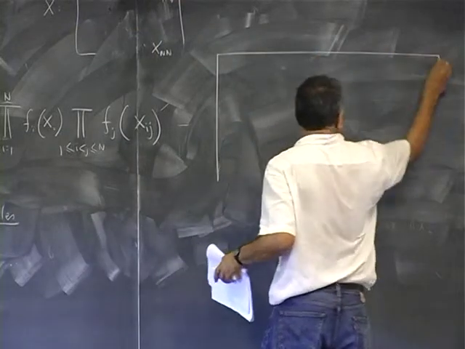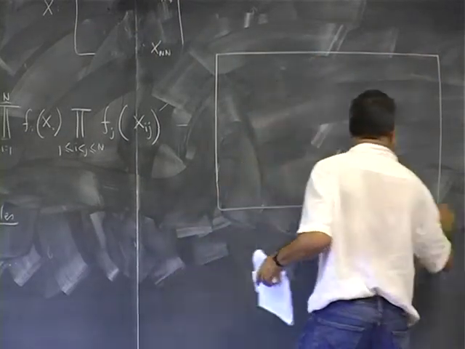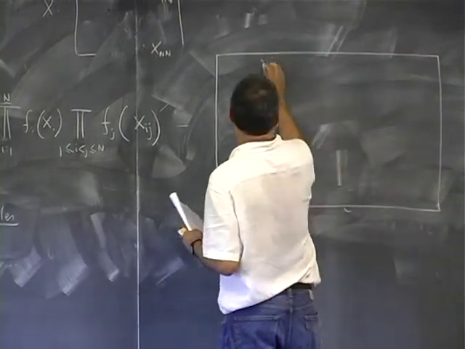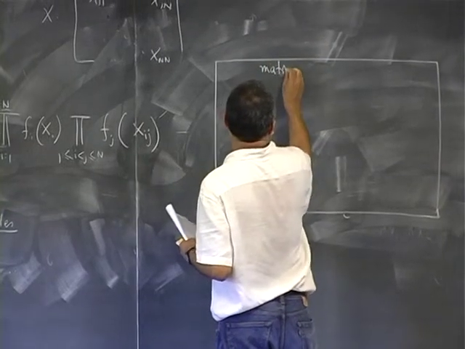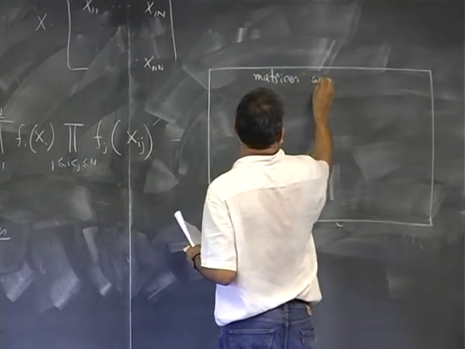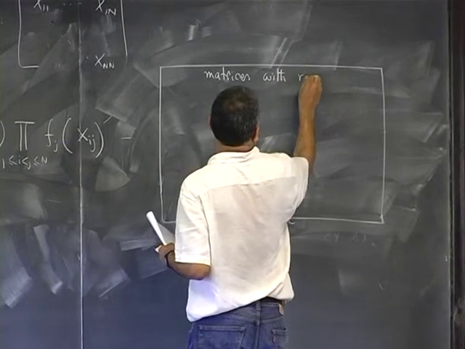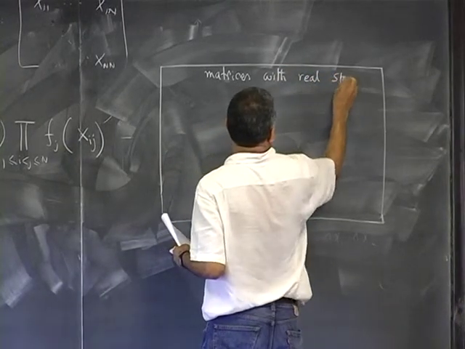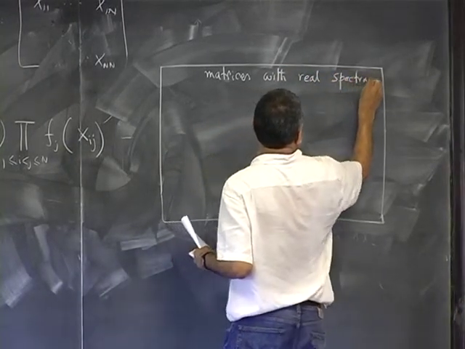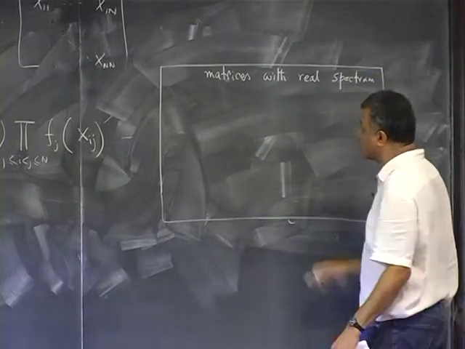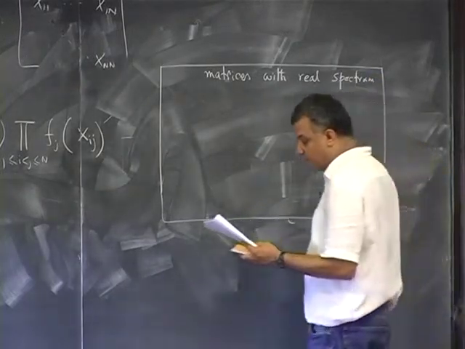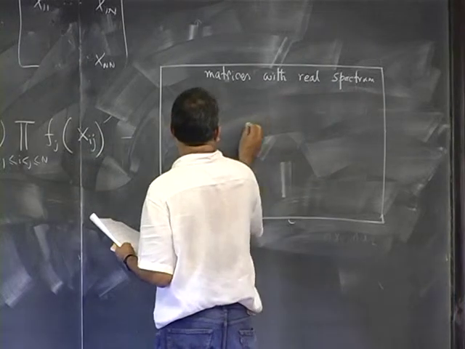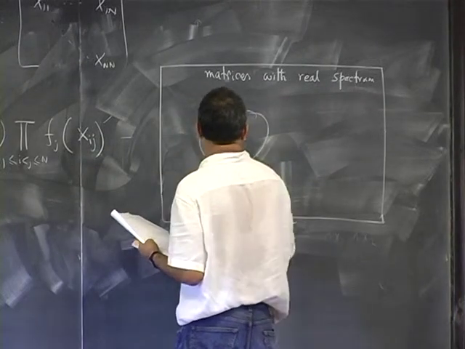So here I'll just draw these two ensembles if you like. Matrices with real spectrum. So I look at all possible matrices with real spectrum, okay? And as I said, there are these two classes we studied.